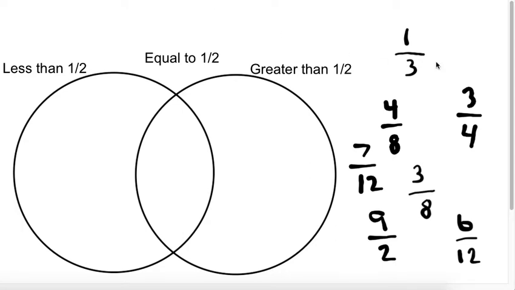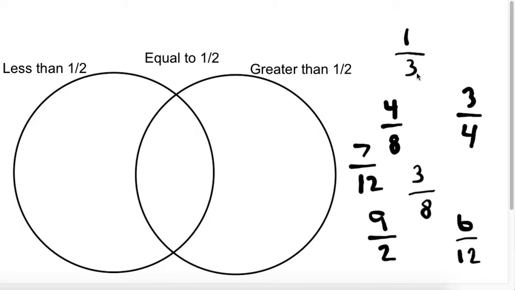Okay, so 1/3, all right? The way to check whether or not a fraction is more or less than a half, there's a couple ways to do it. One way to think about it is to look at the denominator and say, hey, what would half of that be? And if your numerator is more than half of your denominator, your fraction is going to be greater than a half. So for this one, I'm thinking, okay, half of 3.